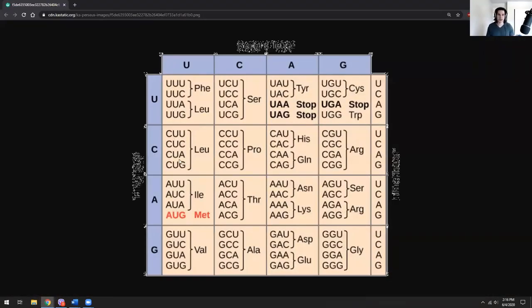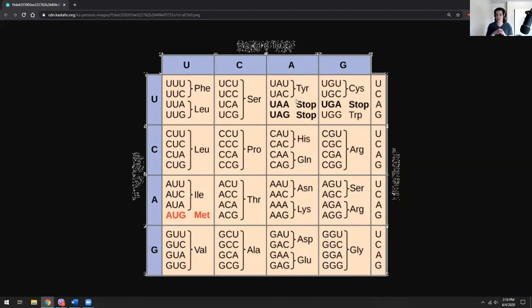So let's say it was originally, I don't know, UAU. So let's find UAU. UAU, tyrosine. Let's say we change that third nucleotide to an A. So instead of UAU, it's UAA. UAA means stop.